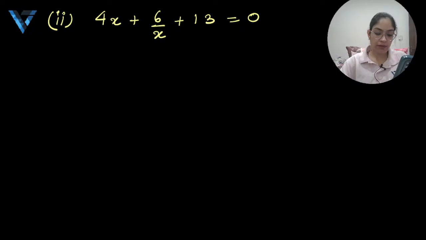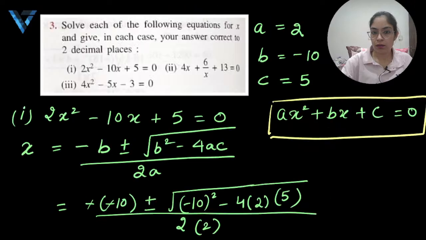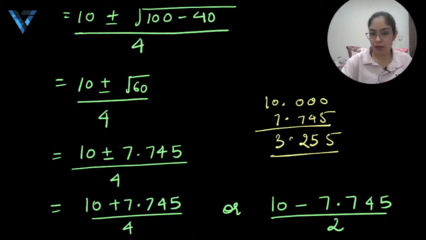Root of 60 is 7.746. What have we written here? 745. Root 6 value, is it 7.746 or 5? It's 5 only, 7.745.